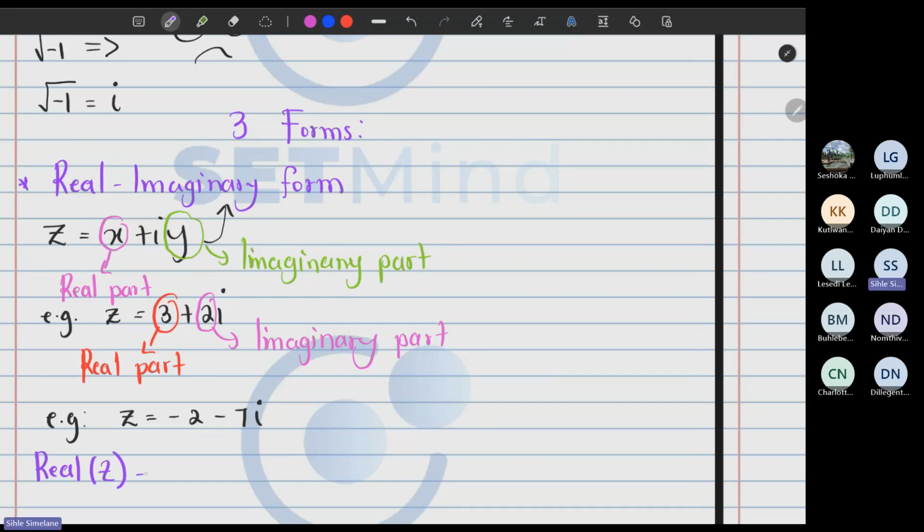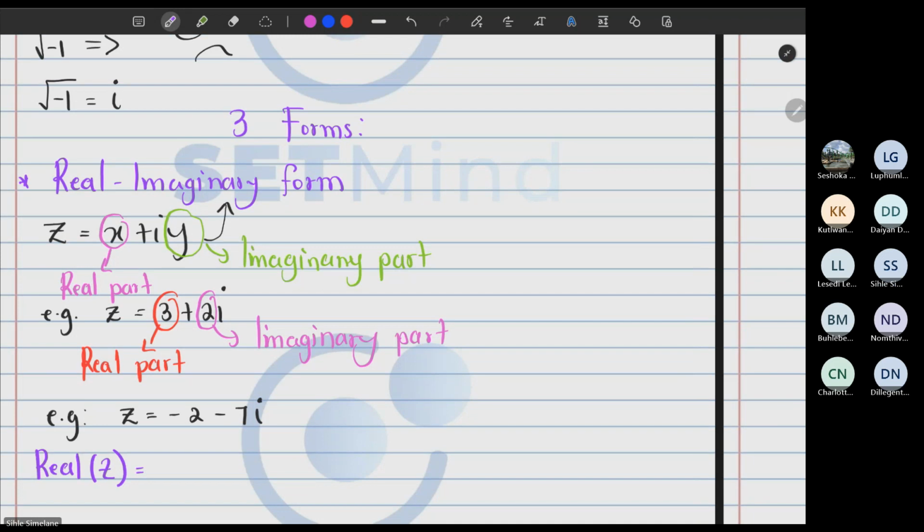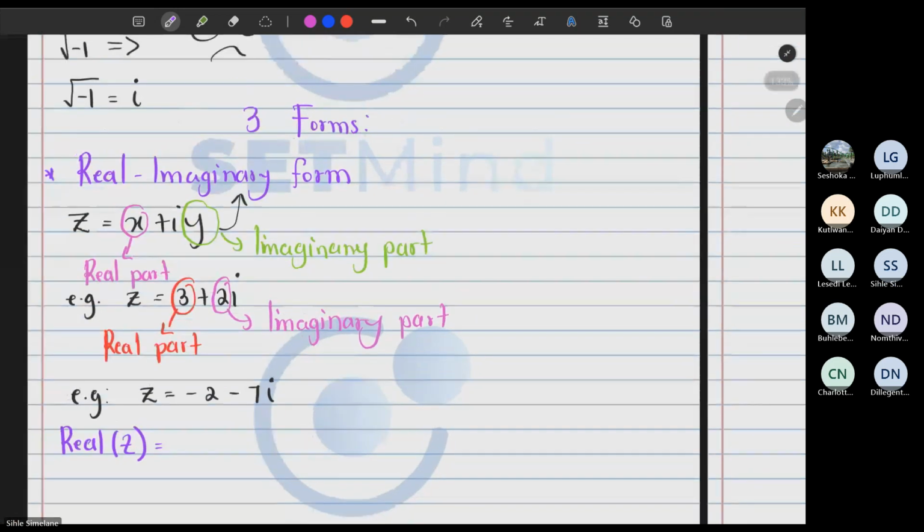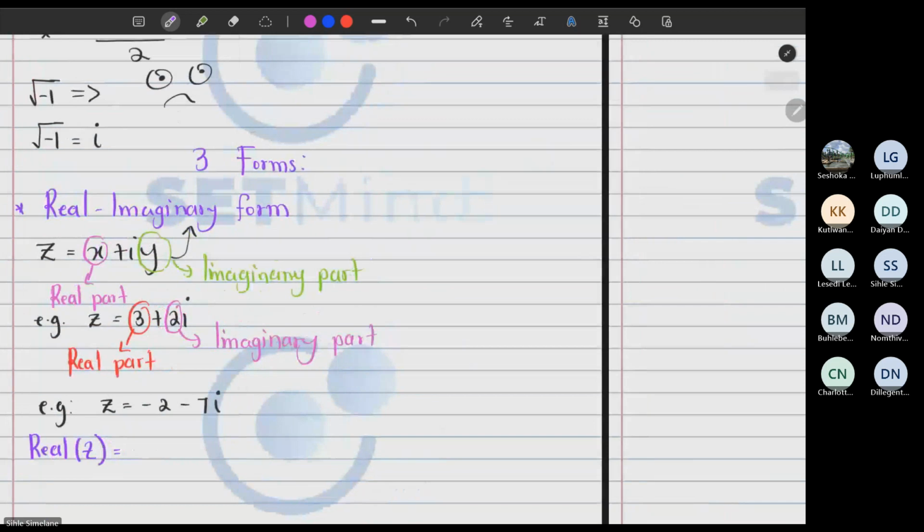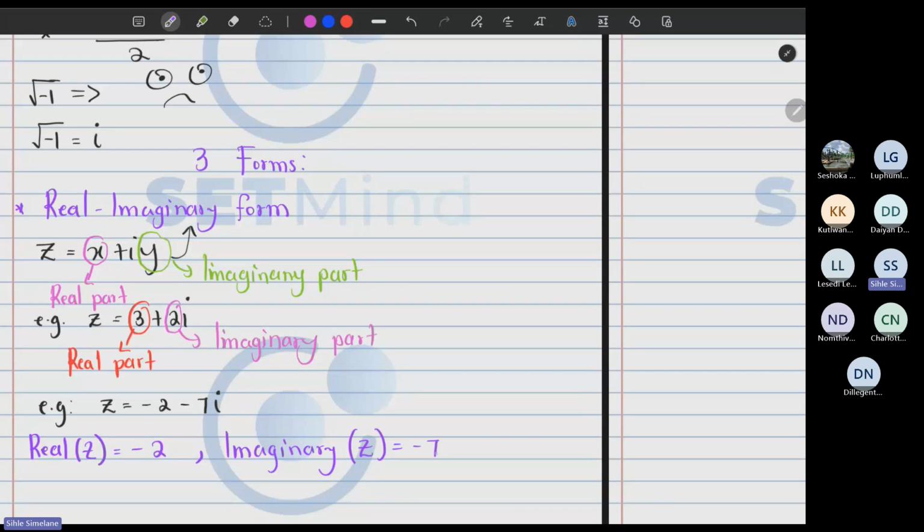So what is the real part of z? -2. -2, and what is the imaginary part? -7. -7, because the imaginary part is what is multiplied by i.